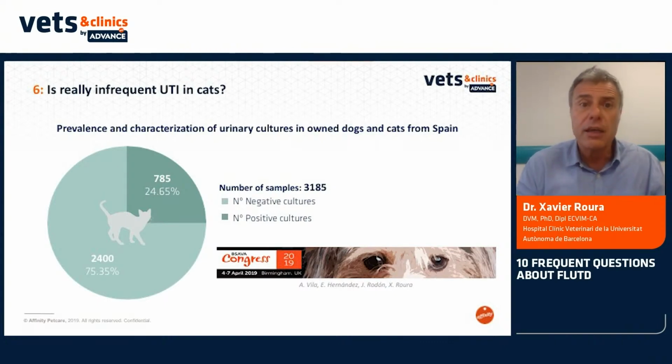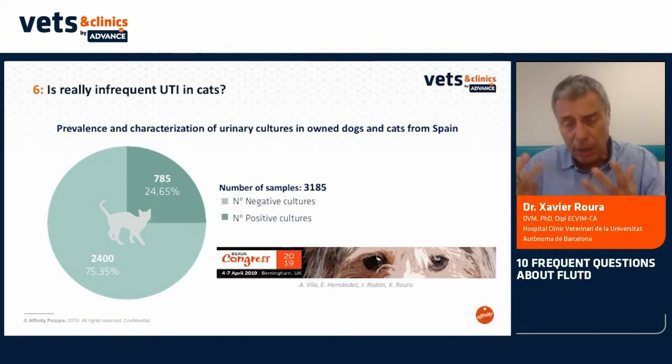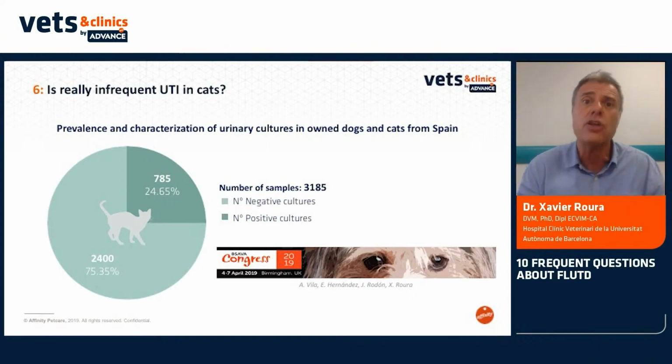So it looks like urinary tract infection is not as infrequent as we said in the past. Now we need to include urinary tract infection, in old cats and even in young cats, in the differential diagnosis of feline lower urinary tract disease.